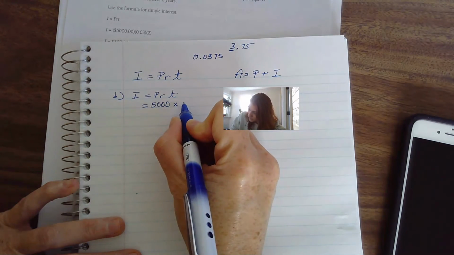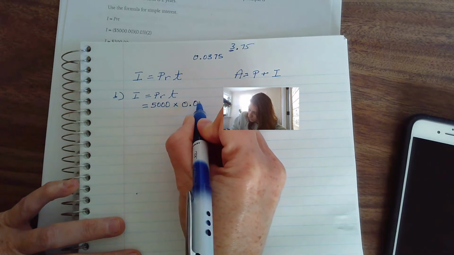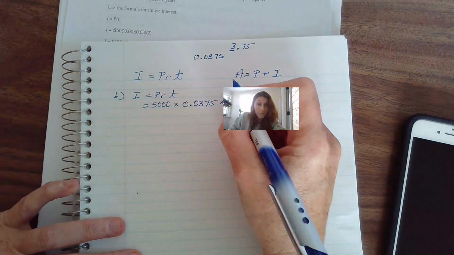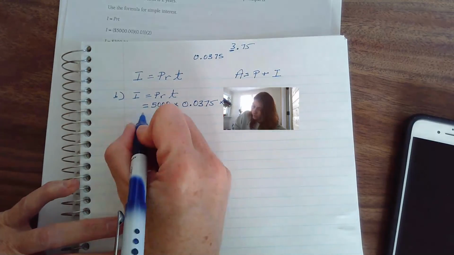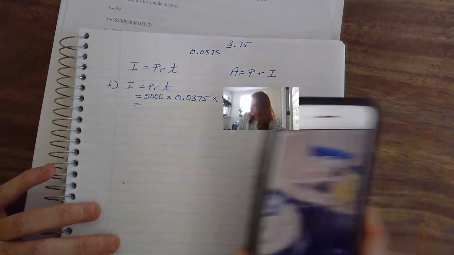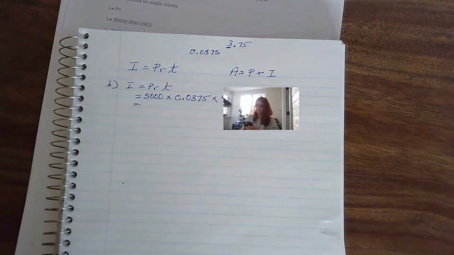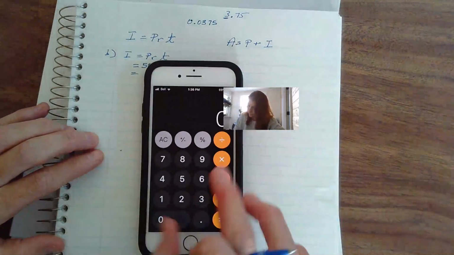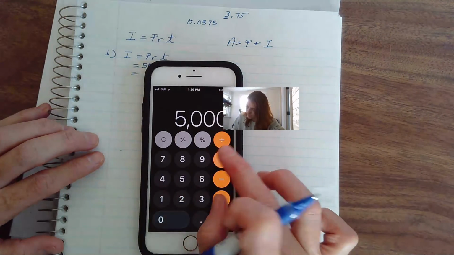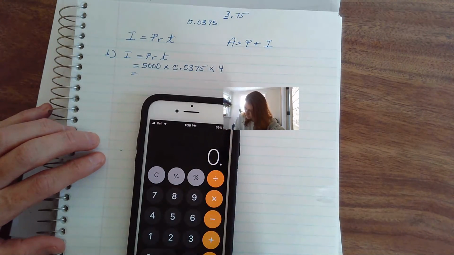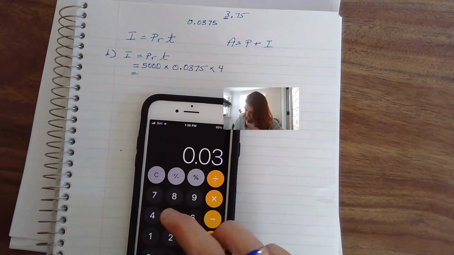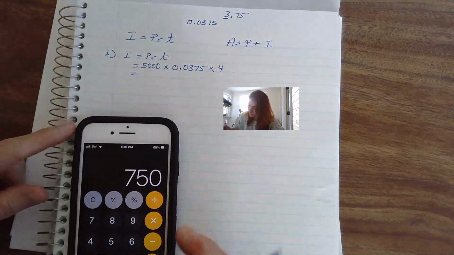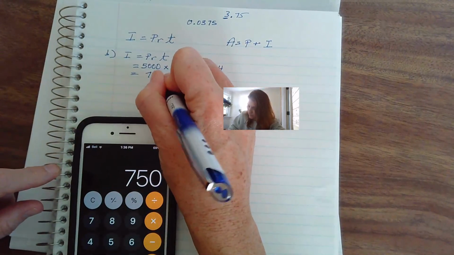So times 0.0375 times the time, it's a 4-year loan. So you quickly do your multiplying. Clear that. So 5,000 times 0.0375 times 4 years is a big $750 of interest.